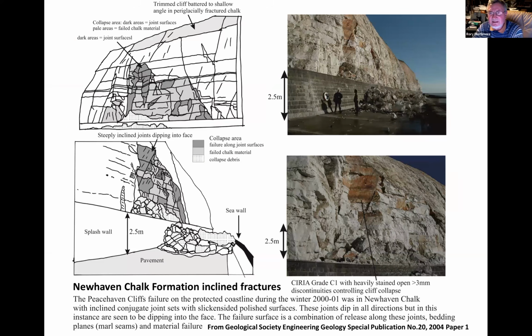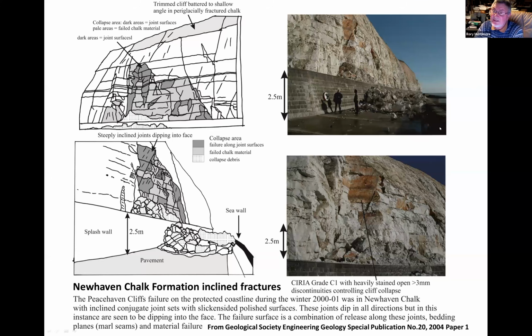Now compare that previous type of failure with this sort of cliff failure, which is in the New Haven chalk. The first one was in the Seaford chalk with the vertical fractures. Here we have the New Haven chalk with these wonderful steeply inclined fractures, and you're getting a very different kind of slope failure. The primary fractures are all beautifully stained in the back, so you can see where they are. You're getting material failure as well, but these are falling out.